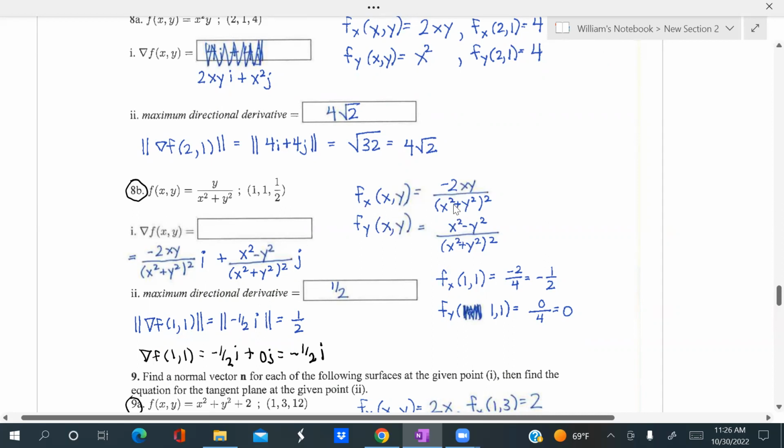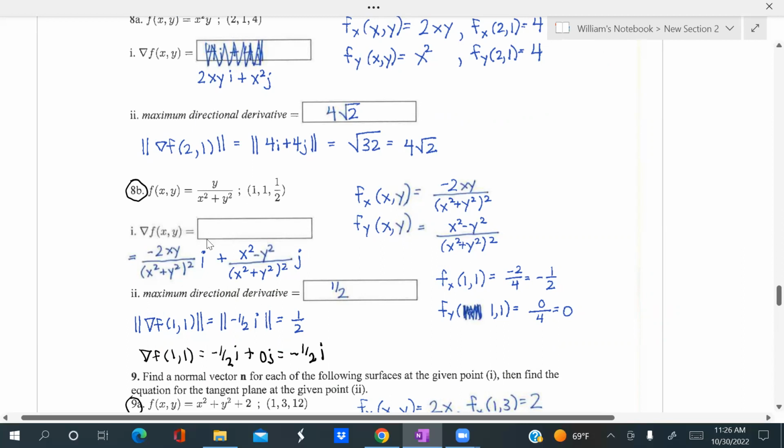So here's the general formula for the two partial derivatives. And then I multiplied the partial derivative with respect to x times i, and the partial derivative with respect to y times j. So here's the formula for the gradient vector at any point x, y on this surface.